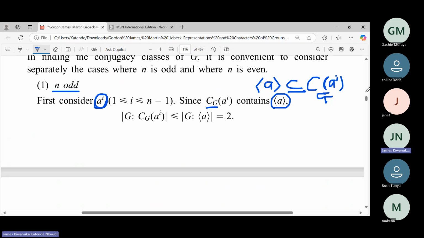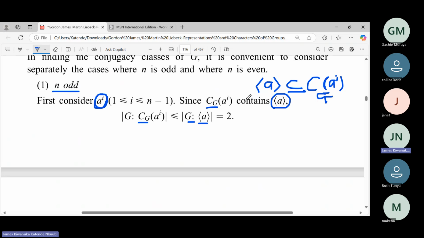So this must have more left cosets than this one, or right cosets, whichever. So the index of A will be bigger because it's a smaller subgroup. If you divide a smaller number into the size of the group, you'll get a larger number than if you divide with a bigger number. So the index of the centralizer will be smaller than the index of this cyclic subgroup.